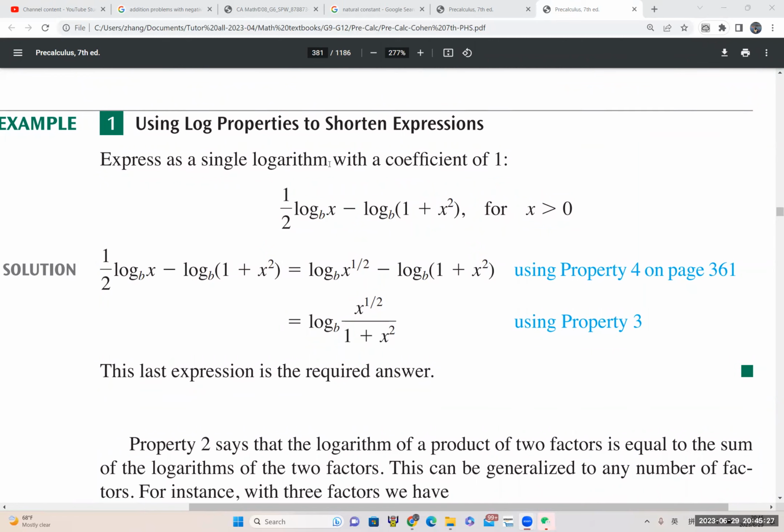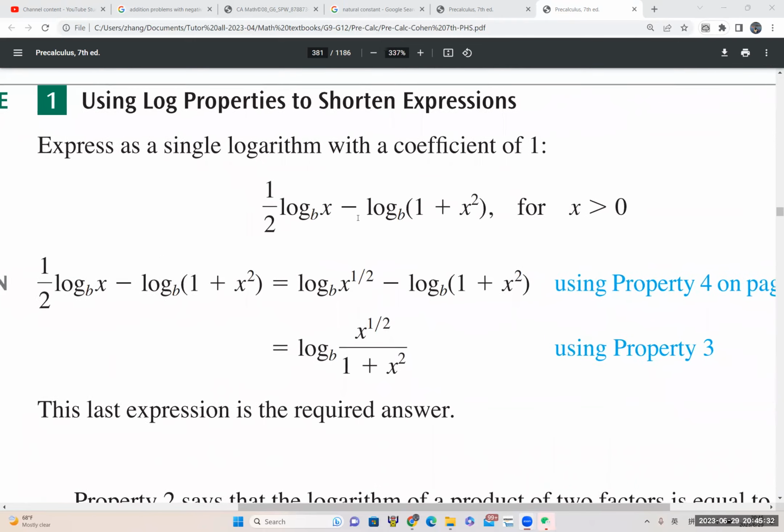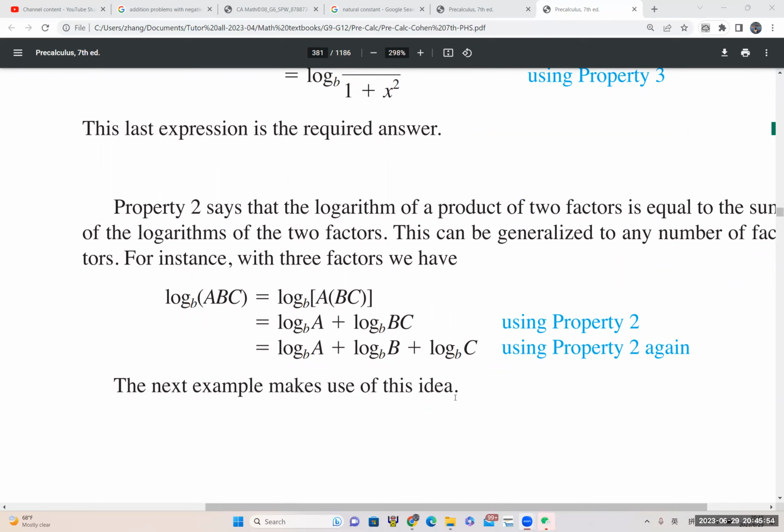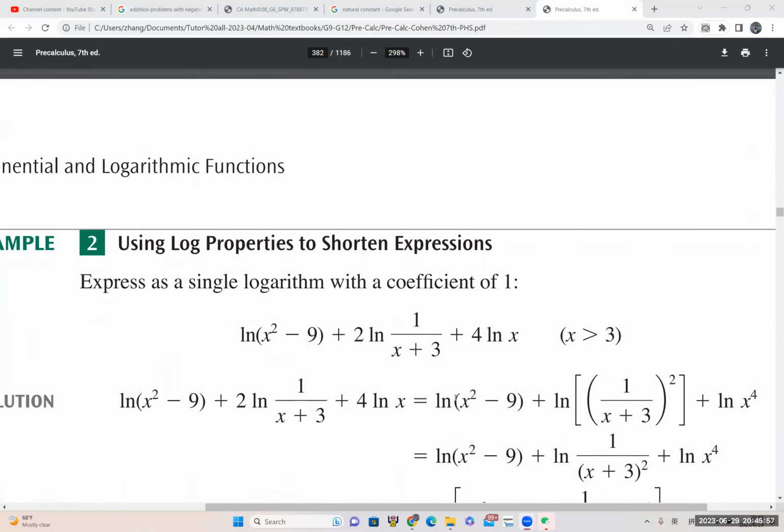Express as a single number. First, the half can go to here as the exponent, right? Then here is log minus log, they'll go to this like a division.